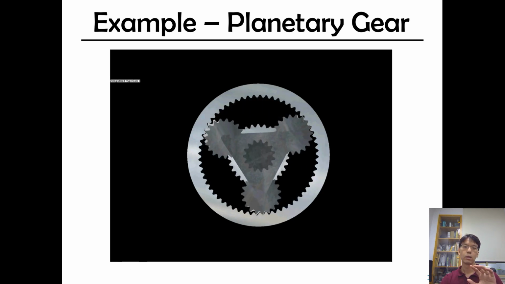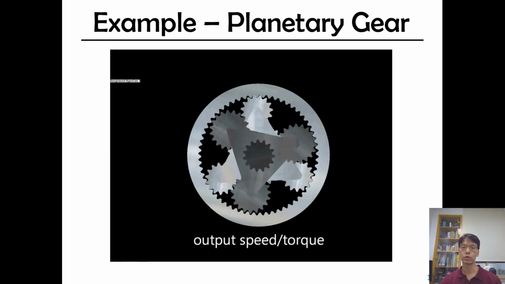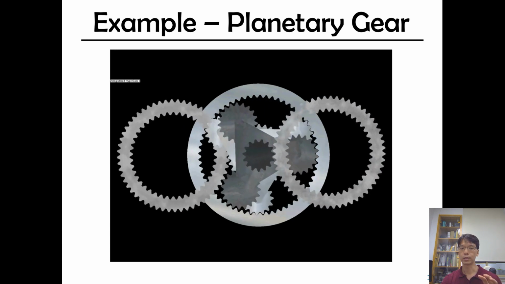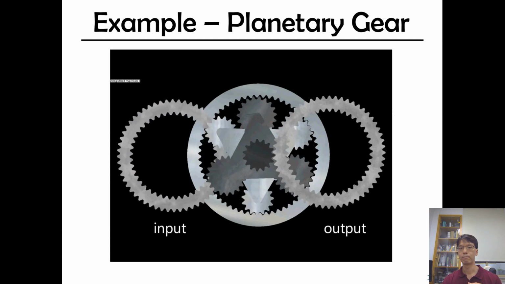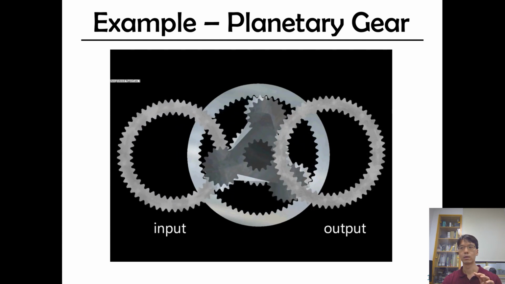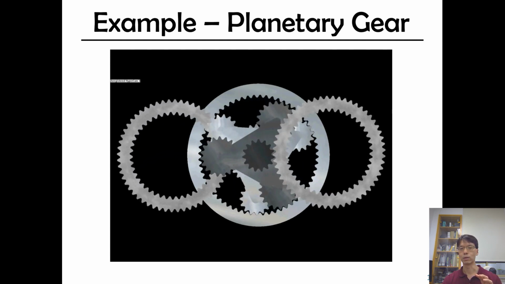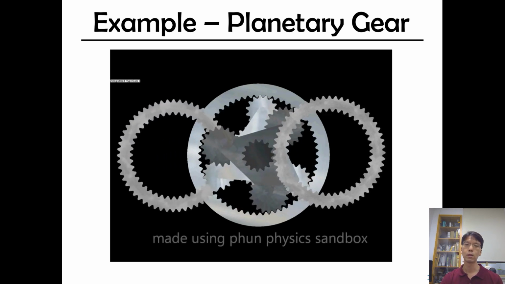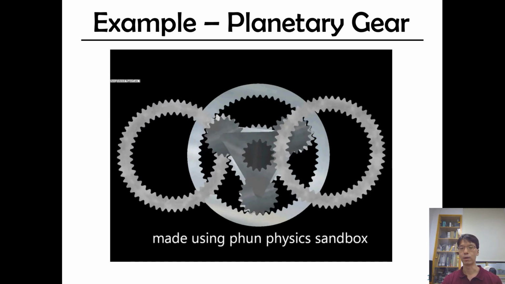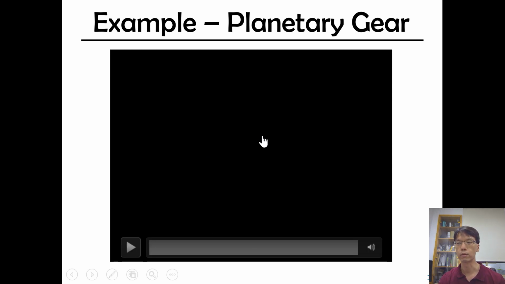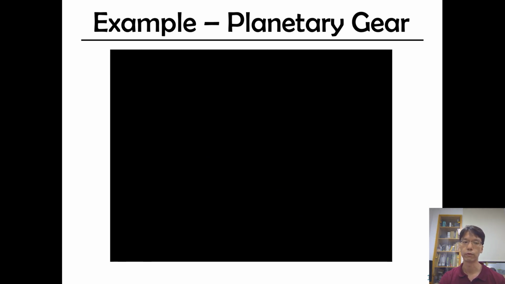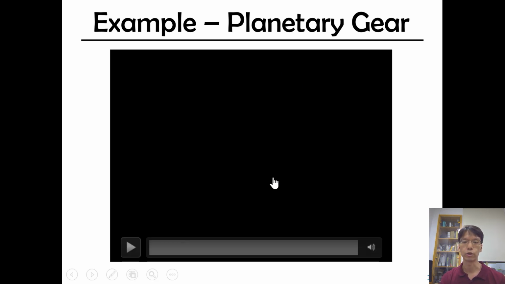So this mechanism is transferring rotational motion into another rotational motion, but the input has higher speed and the output has lower speed. So it's also transferring the motion from a faster rotational motion into a slower rotational motion.